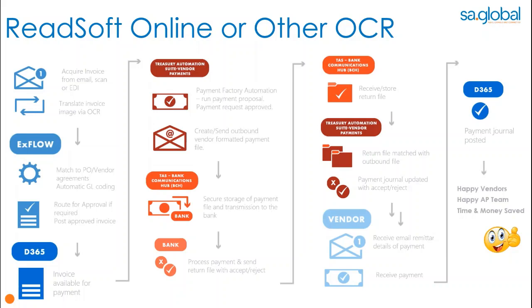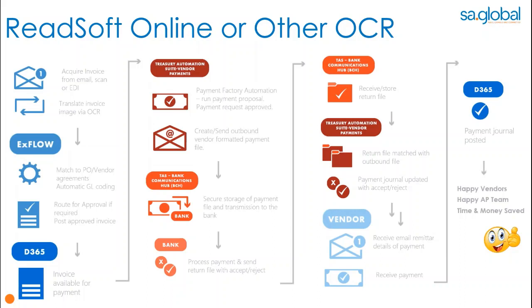Those return files will be stored on the Bank Communications Hub. If you're familiar with this in older versions, we called it File Hub. Now it's been rebranded as Bank Communications Hub and has some additional functionality. Once the return file has been matched to the outbound file, the payment journal will be accepted or rejected and posted.